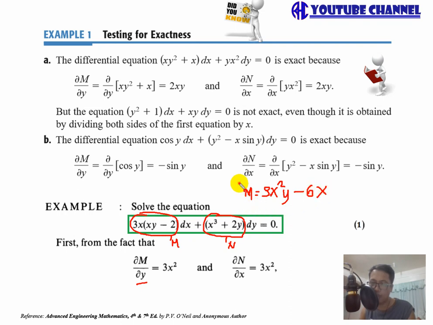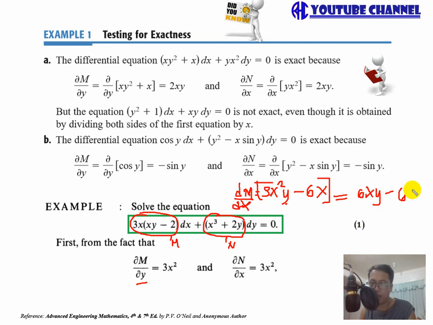Okay, pag i-derive natin to with respect to y, ano magiging sagot? So, ito constant to, yung x lang yung i-derive natin. So, magiging 6x, of course, yung constant na y, minus 6.